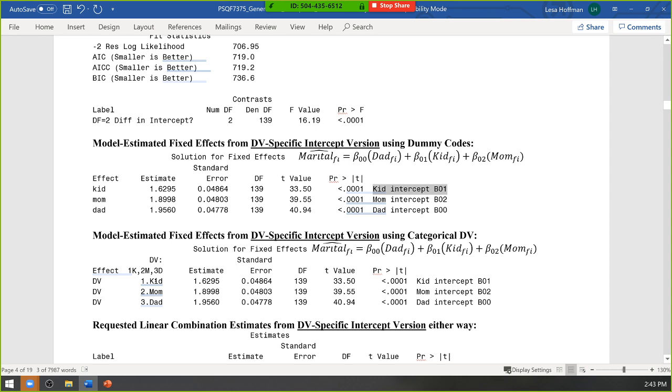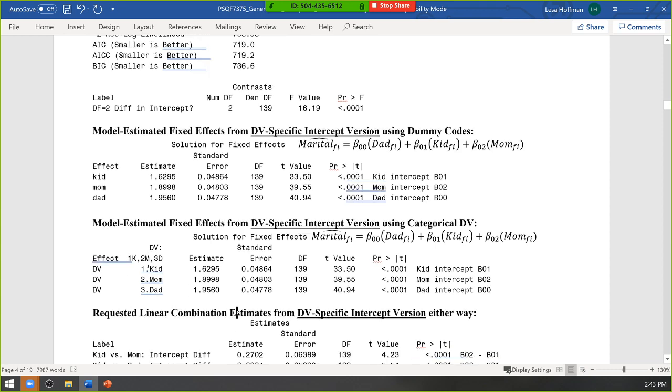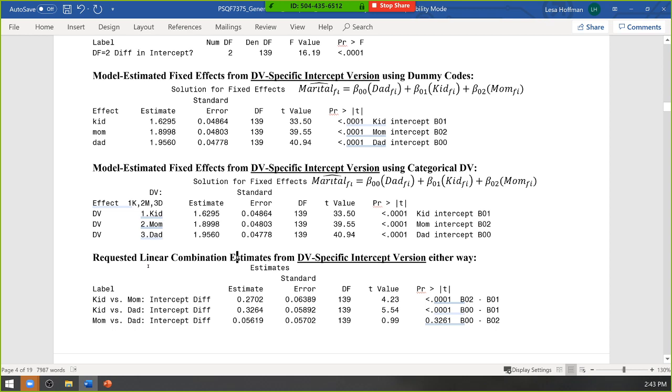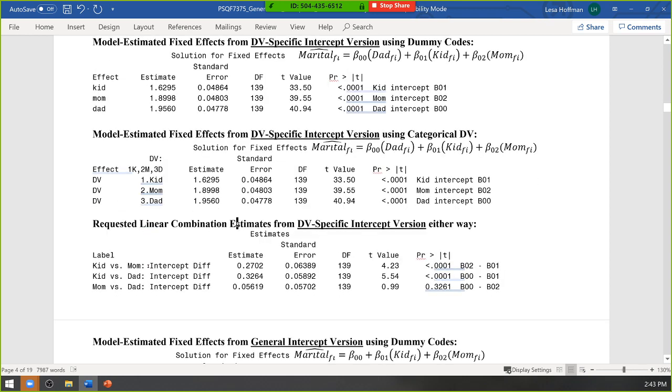Likewise, if you put in DV and let SAS do the dummy coding internally, what you get back is a list of each of these internal variables, and the estimates are the same. The LSMEANS and estimate statements are for the differences between them.